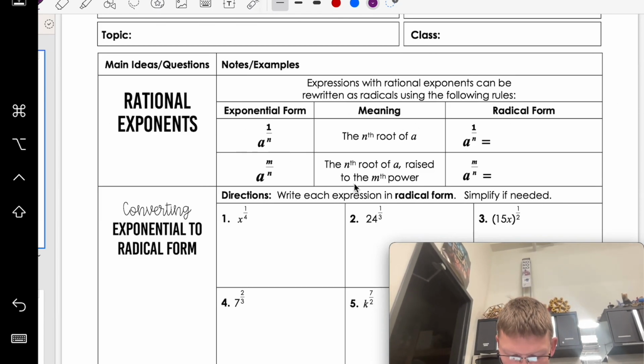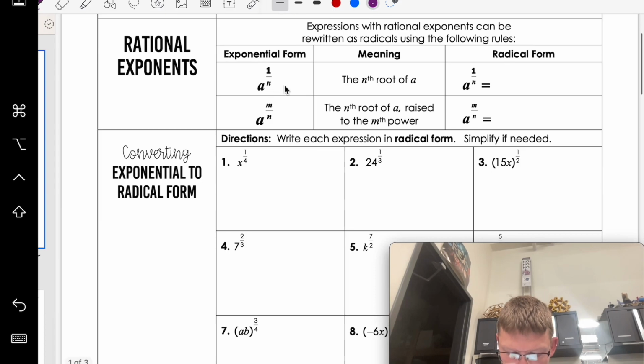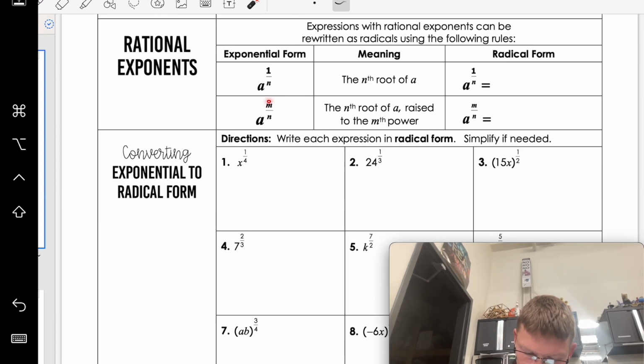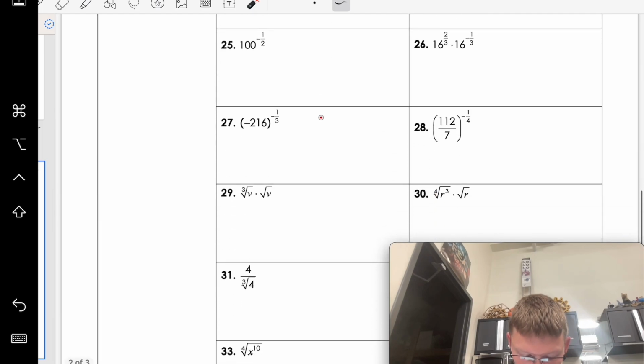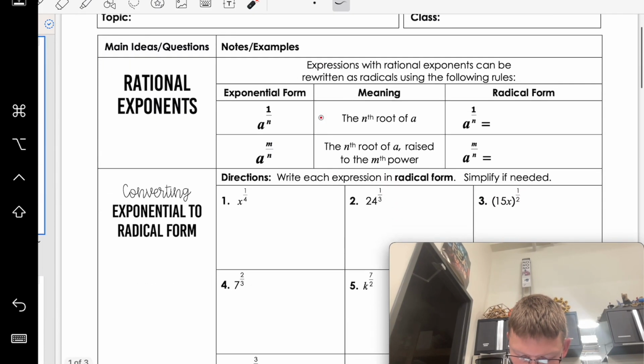We're looking at our radical exponents, and we have an exponential form, like right there. And this part right here means the nth root of a. So we're taking a and raising it to a fractional exponent, and this means the nth root of a.